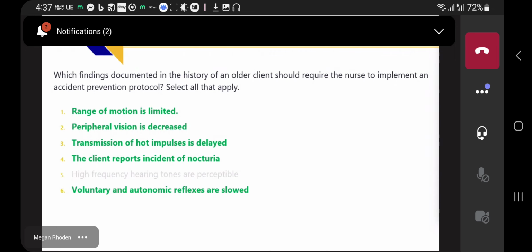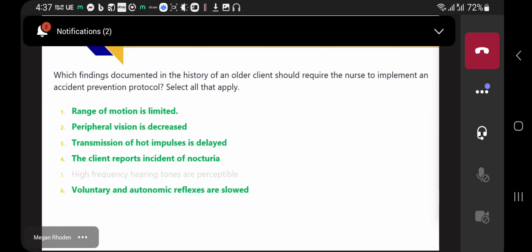Number 2, peripheral vision is decreased. Sensory changes, including decrease in peripheral vision and lens accommodation. Number 3, transmission of hot impulses is delayed. So, in the aging process, delayed transmission of hot and cold impulses can occur. Number 4, the client reports incidents of nocturia.